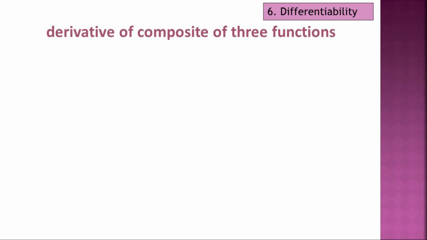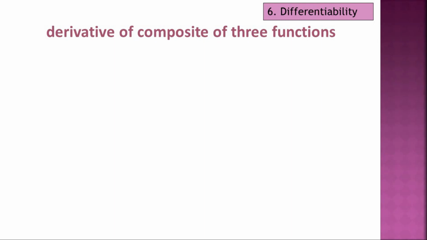Now for three, when we have f of g, first we differentiated the f function and then the g function into the composite variable. In the same way, here you have to do it three times. f function first, g function, then h function derivative, like this: df upon dg, dg divided by dh, and dh divided by dx. Three times composite.